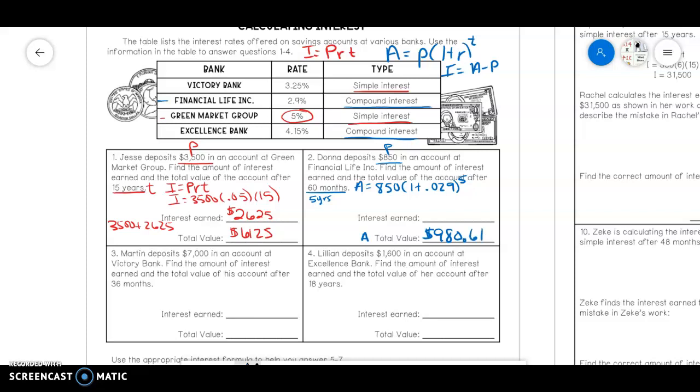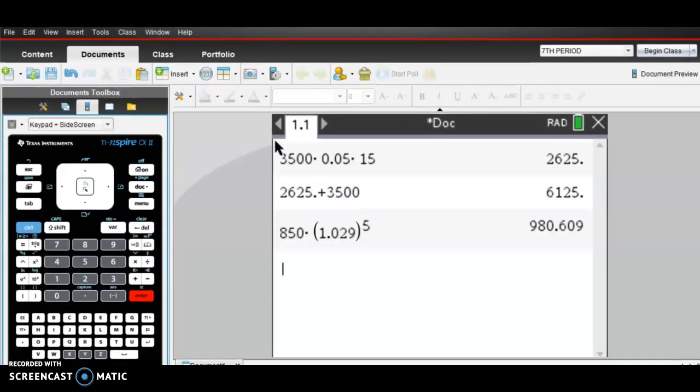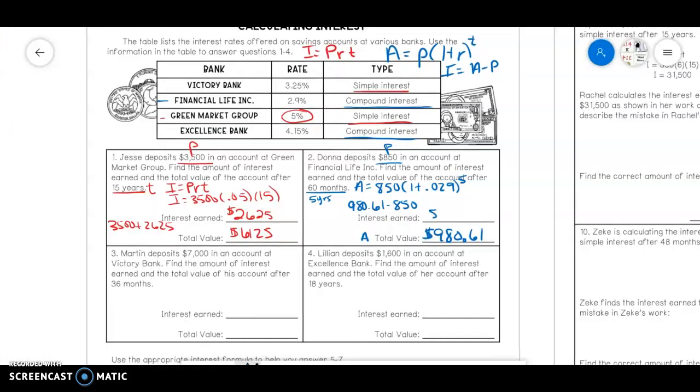Because remember, on a compound interest, it gives us our total value first. So to get our earned interest, we would take that 980.61 minus the total amount we originally had. I can go back to my calculator. Minus, we originally had $850. So 130 and 61 cents was our earned interest. Okay, and that's actually what they were asking us for.